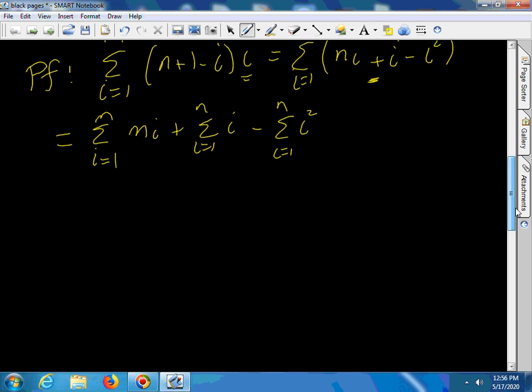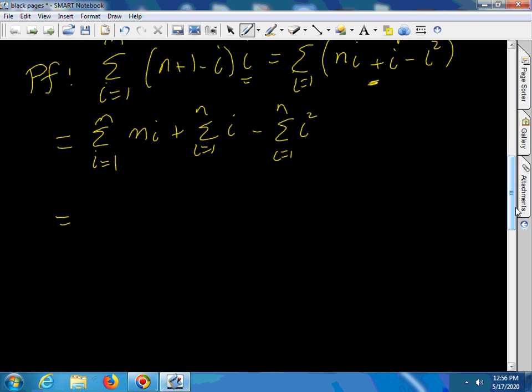Now the nice part is we know all of these. This has nothing to do with i. Well, you know what? Let us even combine the first two. It's the summation as i goes from 1 to n of, well, here you have n i's, and here you're adding 1 i, so that's n plus 1 i's, minus the summation of i squared.